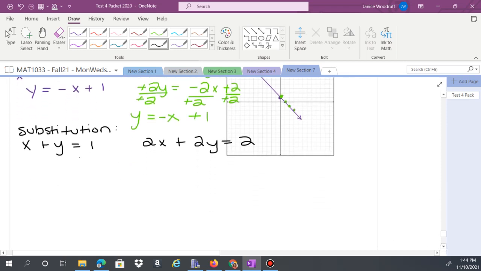So let's say we do the substitution here, and you get y equals negative x plus 1. And then you say, okay, well, I'm going to take that, and I'm going to plug it into the second equation for the y value.